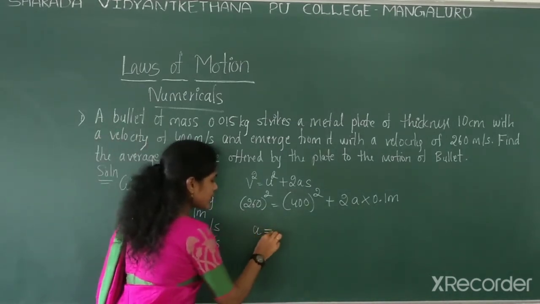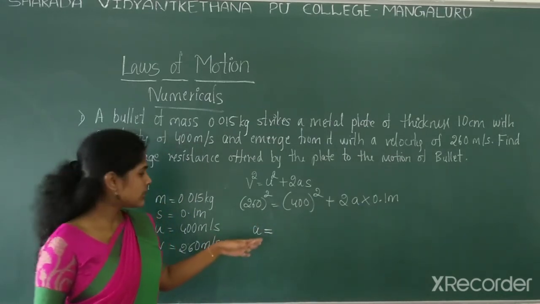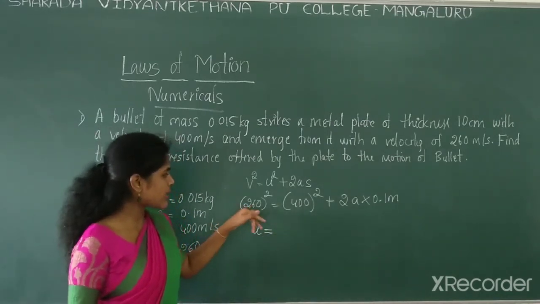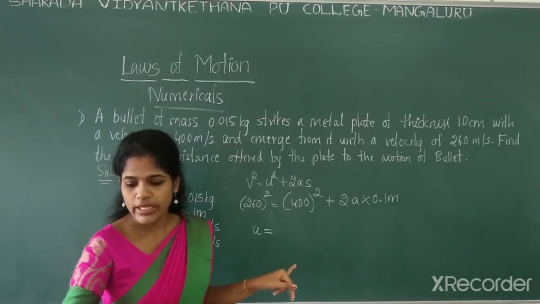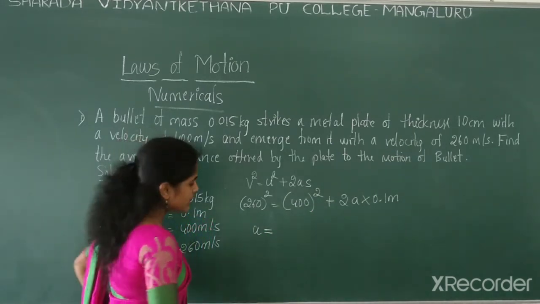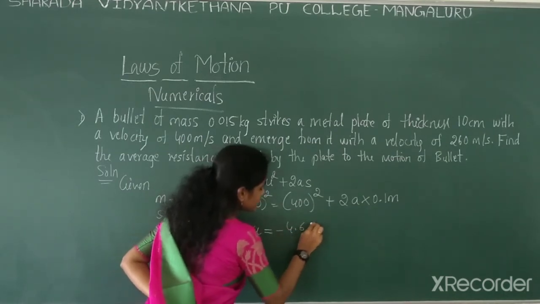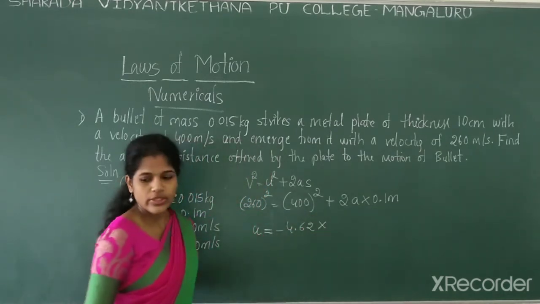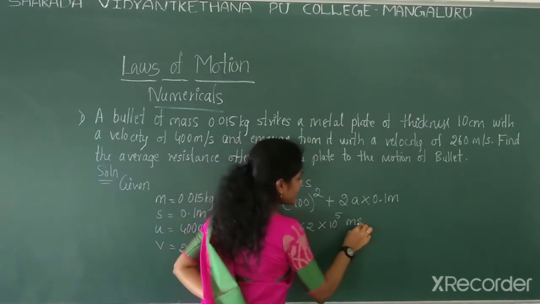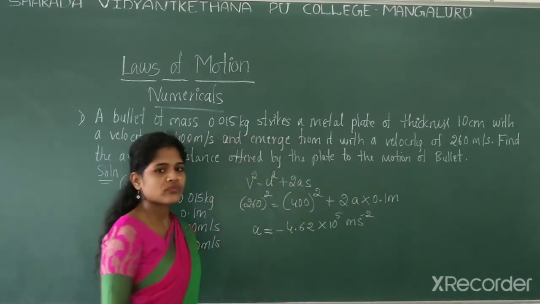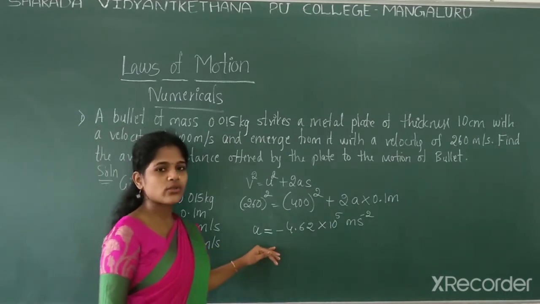I'm not using the calculator, so I directly write the answer here. The value of acceleration is minus 4.62 into 10 power 5 meter per second square.